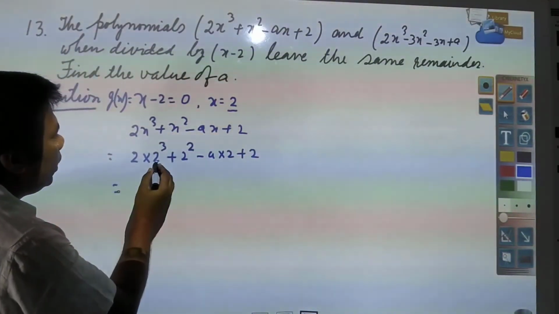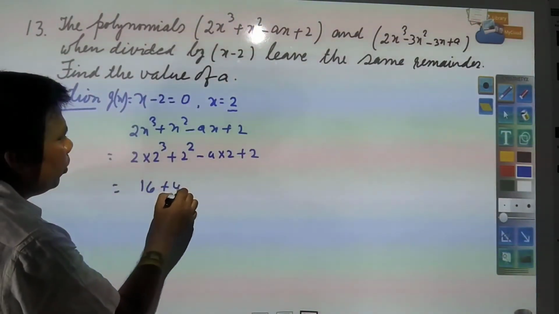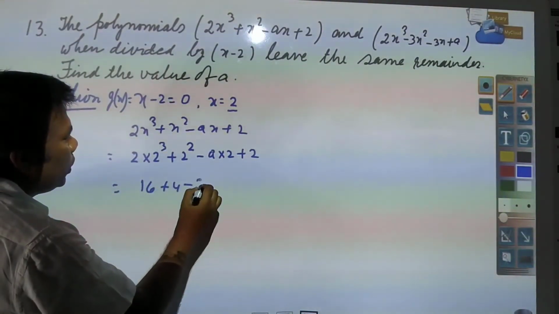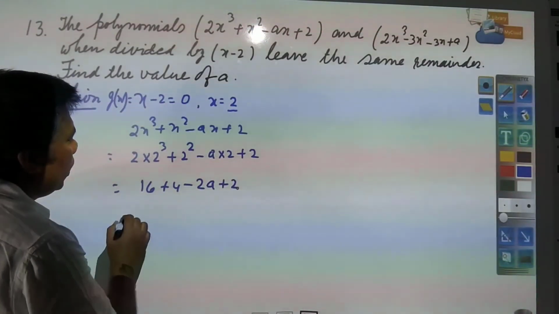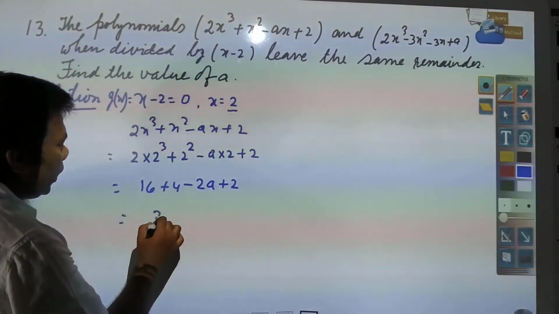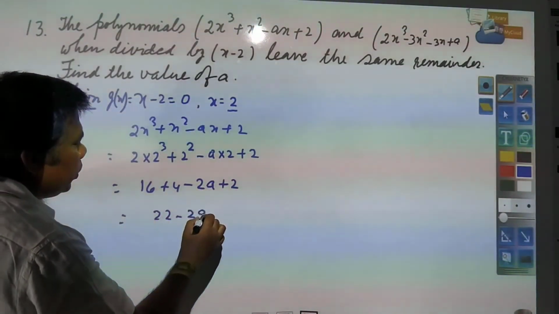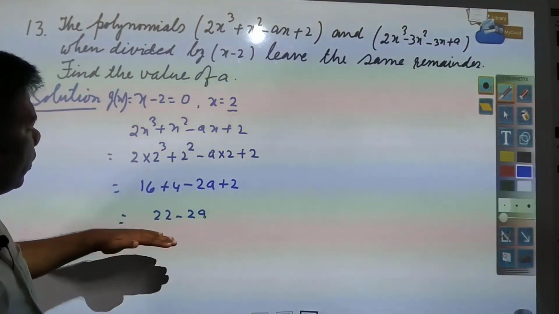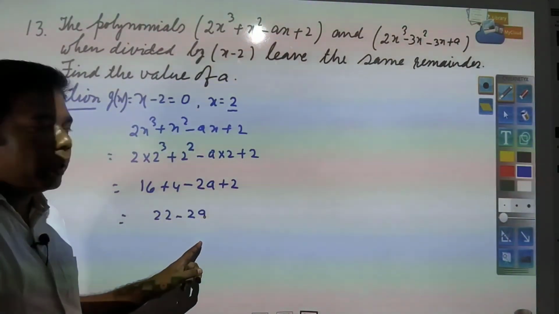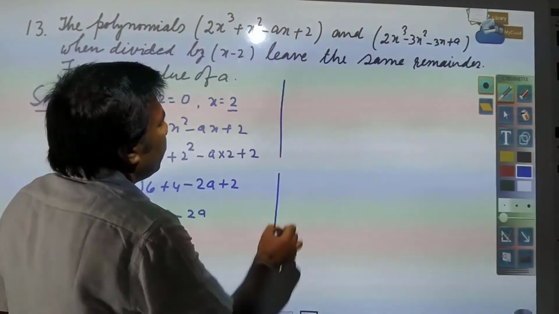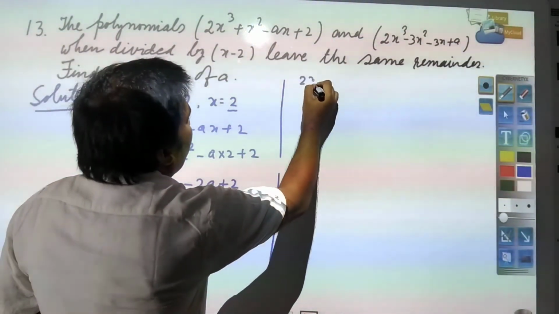So it will be 16 plus 4 minus 2a plus 2, and this will be 22 minus 2a. So your remainder will come 22 minus 2a.